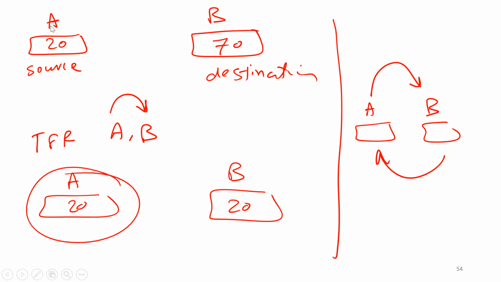For example, if A is storing 20 and B is storing 70, after you execute this instruction, A does not change, but I copy this 20 to B. So where is this 70? It is gone because you overwrote it. This is similar to what we do when I say I is equal to J. The old value of I is gone, because you copy J to I.